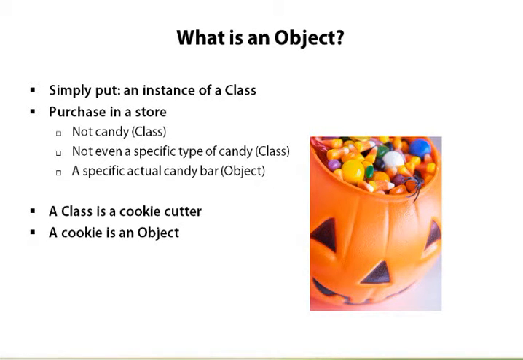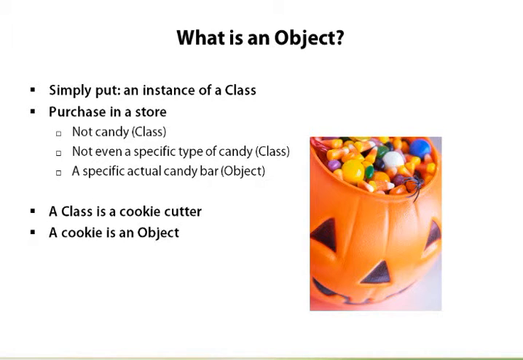Another way to think about this is a purchase in a store. If you went to a store and said, I want some candy, well, that's not an object. Candy is a class. If you just said, I want candy, the person selling the candy might say, you need to be more specific than that. I want a specific type of candy. Well, that's still not good enough.